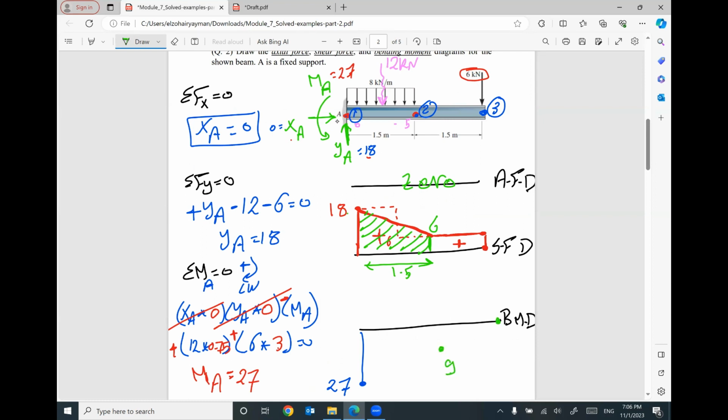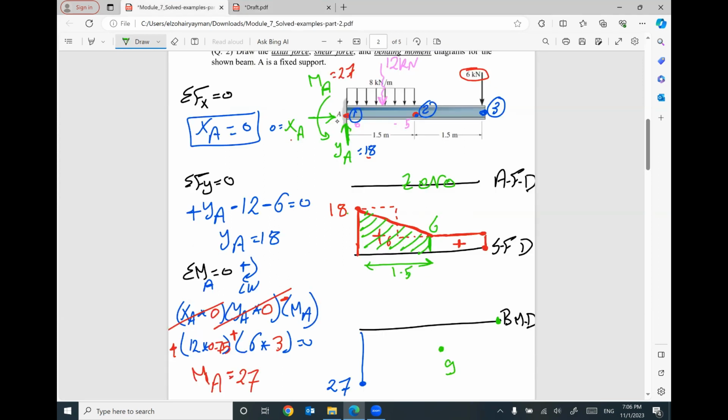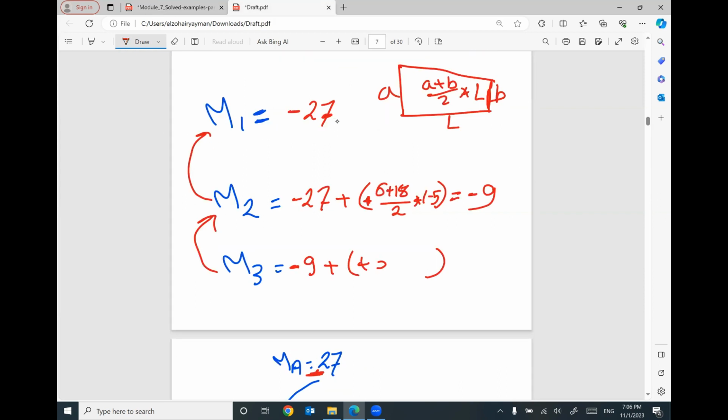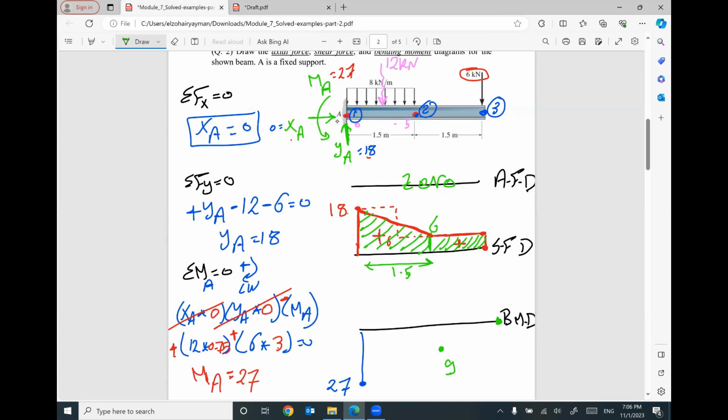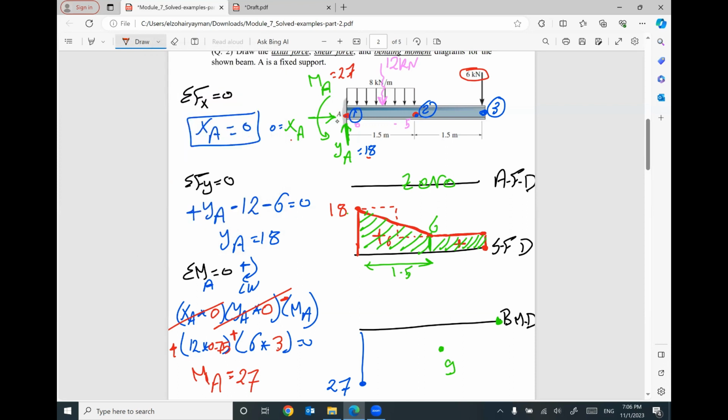What is the value at the end of the beam? M3 equal M2, negative 9, plus area of shear force diagram between 2 and 3. This diagram, which is positive 6 times 1.5. So the value will be 0. So your value here is 0. How to connect between this value and this value? I'm gonna draw straight line.